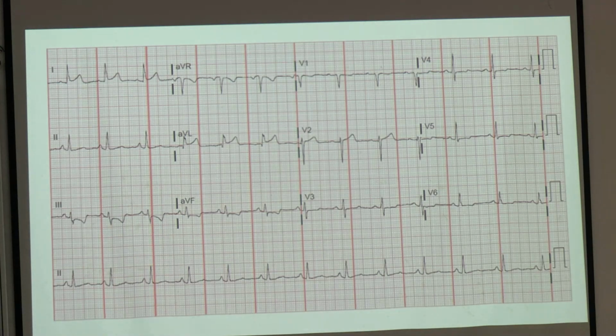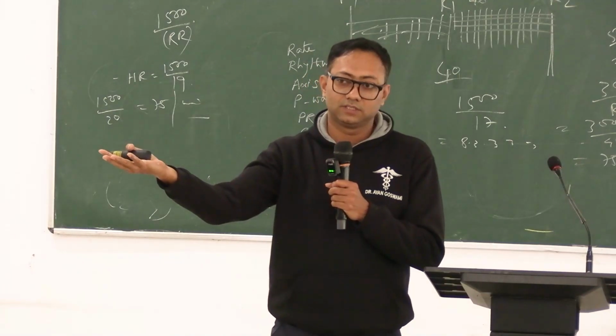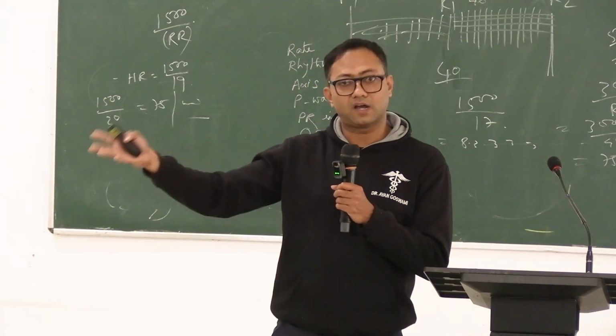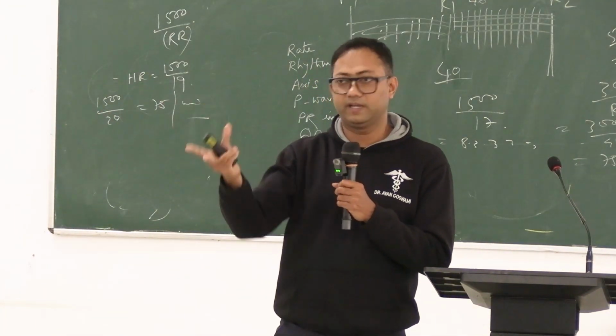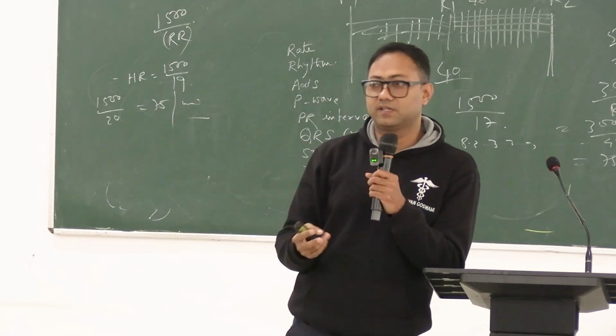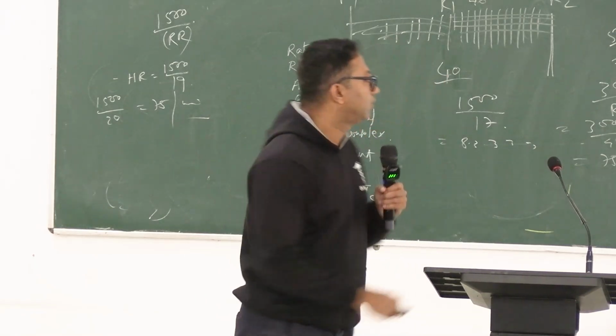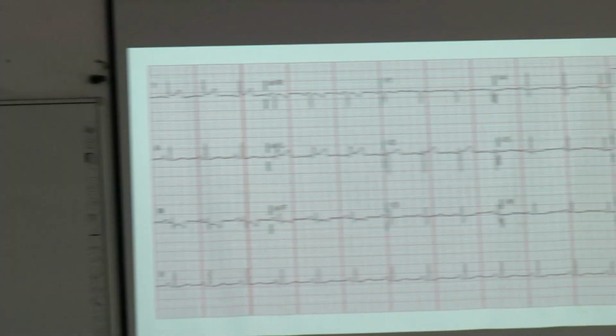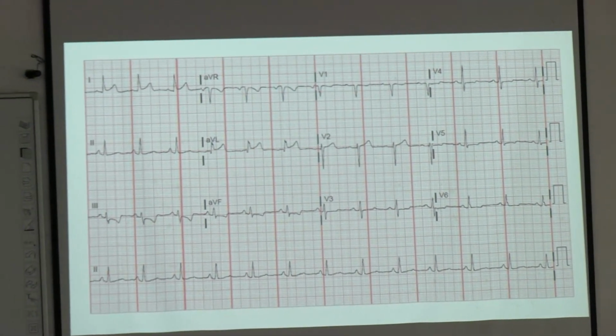And I told you to take two adjacent R waves, R1 and R2, and measure the interval between them. R2, R3, measure the interval between. R11, R12, measure the interval between. So Rn and Rn plus 1, you take the interval between. Now you will ask me, sir, which RR interval should I take? Whether R1 and R2, or R2 and R3, or R7 and R8, or R11 and R12?